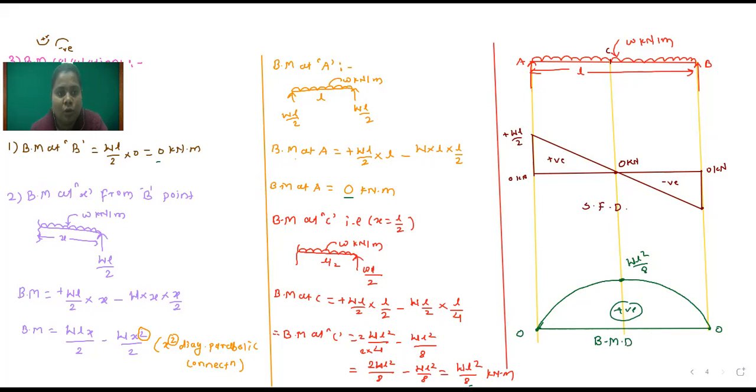From this SFD and BMD, you have to remember: if a simply supported beam has a uniformly distributed load applied throughout the span, then the shear force is equal to WL by 2 and the maximum bending moment is equal to WL square by 2.